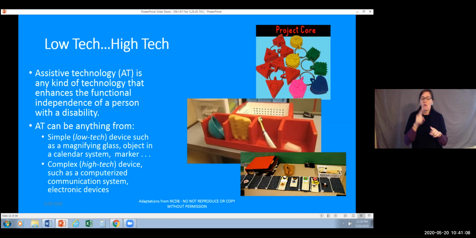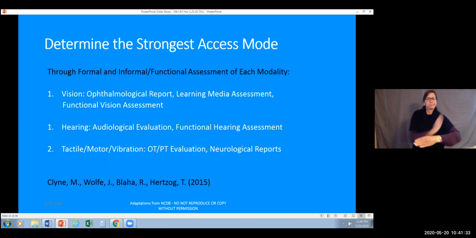And similarly, down at the bottom, that's a daily schedule, but all of those items that are indicated and sort of go in correspondence represent a specific activity for the student. So again, the devices could be something like a magnifying glass, an object in a calendar system, or a marker, as well as high-tech, more computerized communication types of supports.